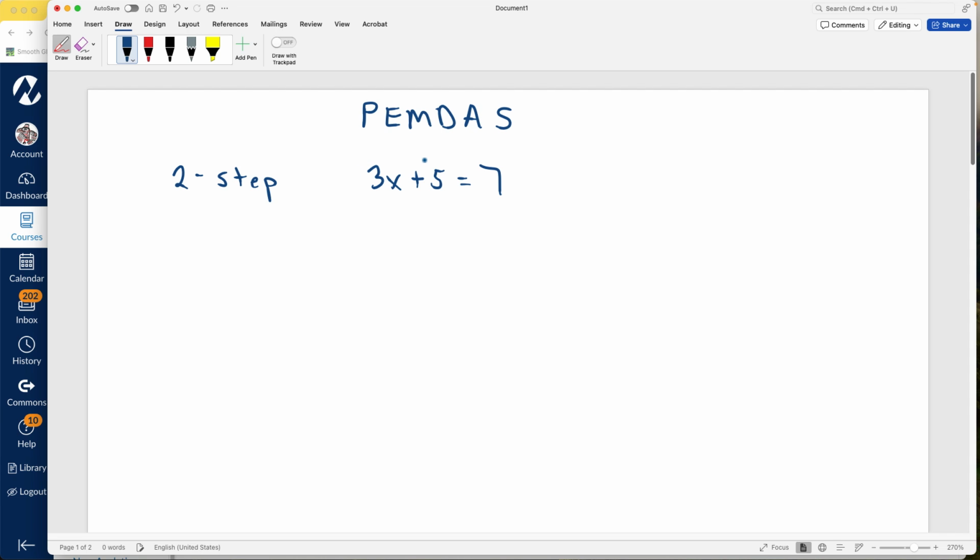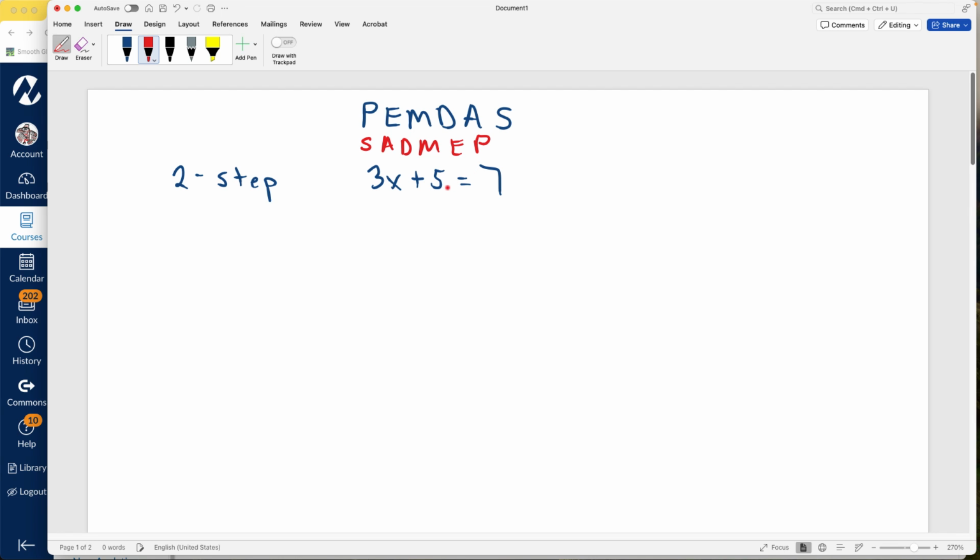So if you've learned this, PEMDAS maybe is how you learned it. Order of operations, we do parentheses first, exponents, multiplication, division, addition, subtraction. But since we're rebellious, we go, everything's backwards. So what are we going to do? We're going to do something called SAD MEP, which is PEMDAS backwards.